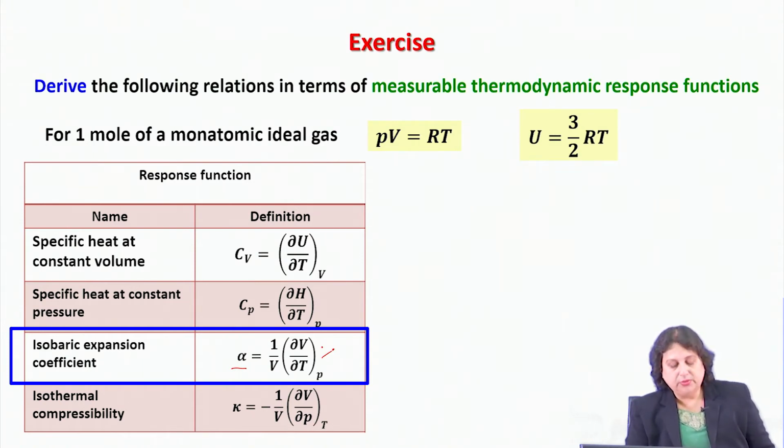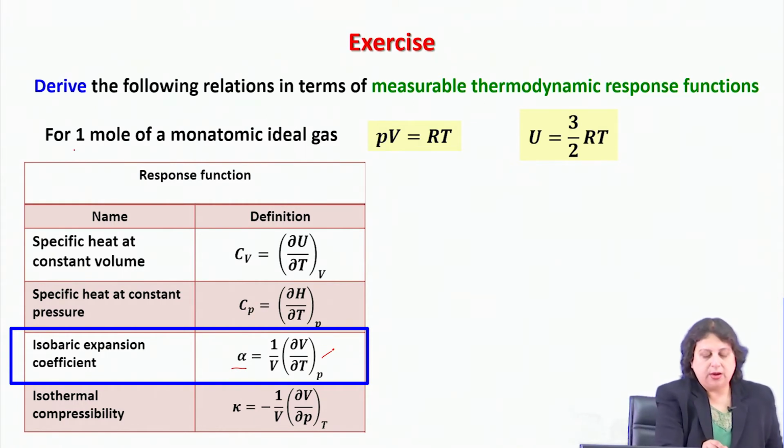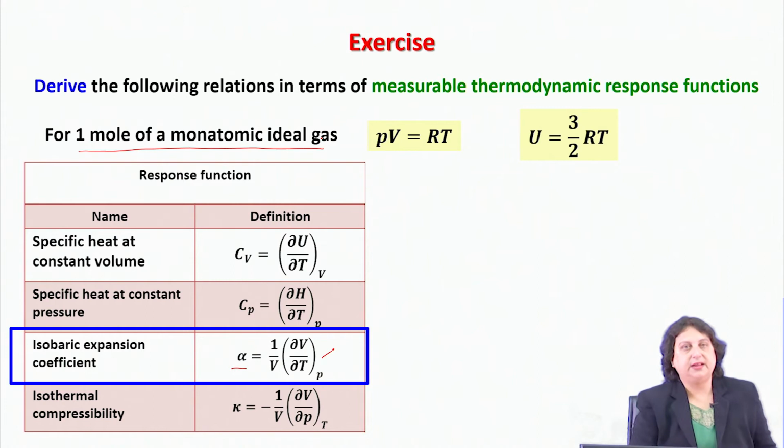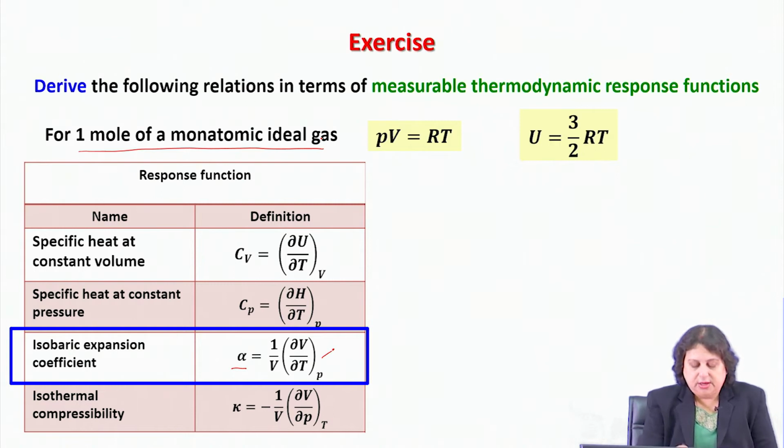Now, in order to evaluate alpha for 1 mole of a monatomic ideal gas, where do I start from? Look at the expression of alpha. In order to find alpha, I need to take a derivative of volume with respect to temperature at constant pressure. So, I need a relationship between volume, temperature and pressure.